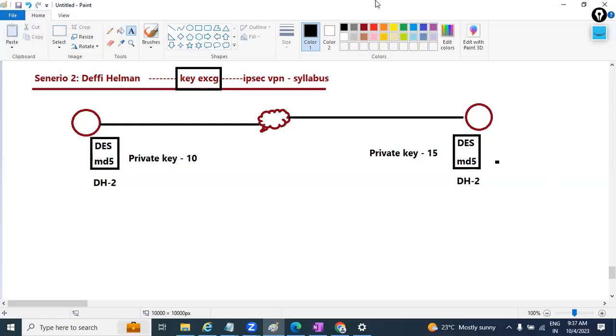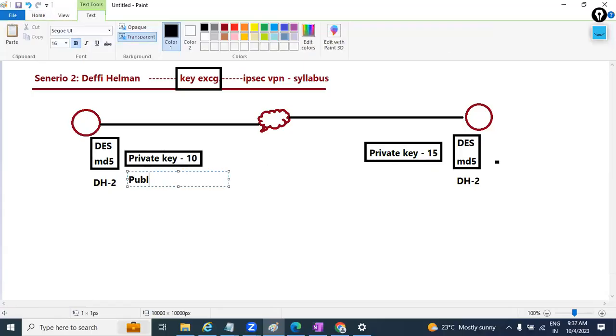So this device has generated a private key and this one has a private key, but they are not going to exchange the private keys. After that, both sides would negotiate on a single public key.